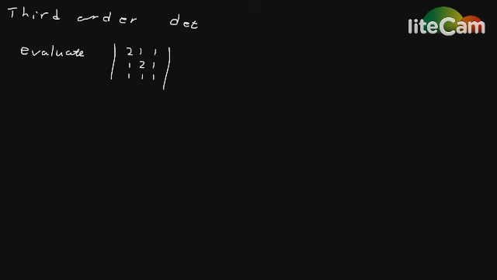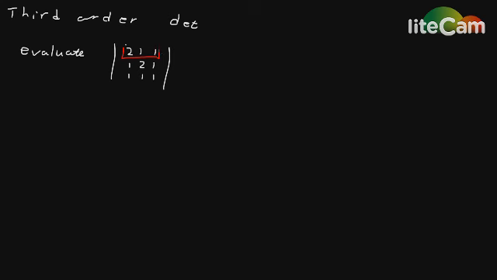All we've got to do is find the minor. So for a 3 by 3 matrix, in all cases, we are going to find the minors of this top row here.